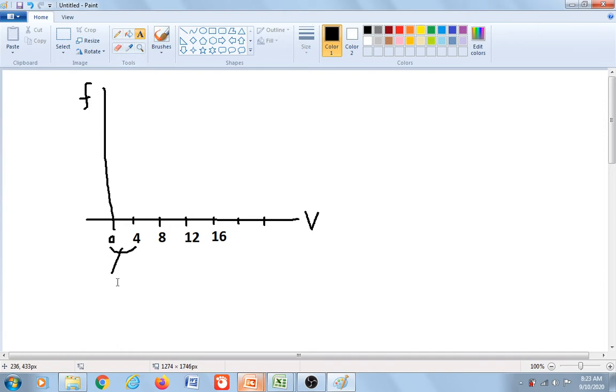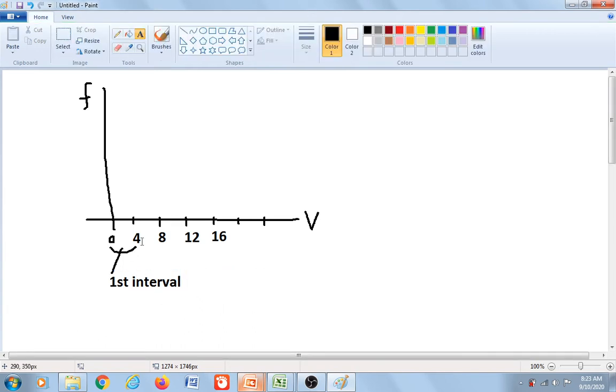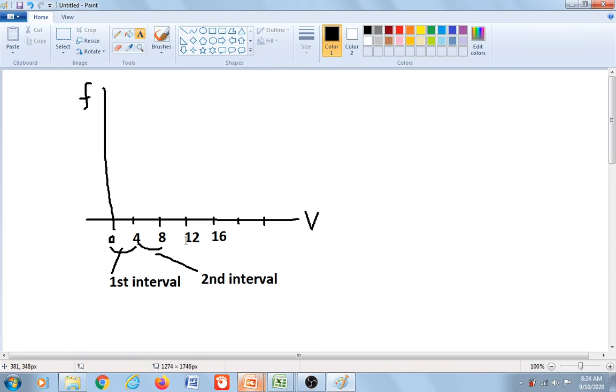So this is our first interval. From 4 to 8, this is your second interval. And from 8 to 12 is your third interval.